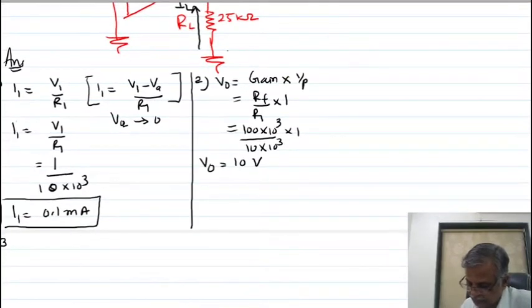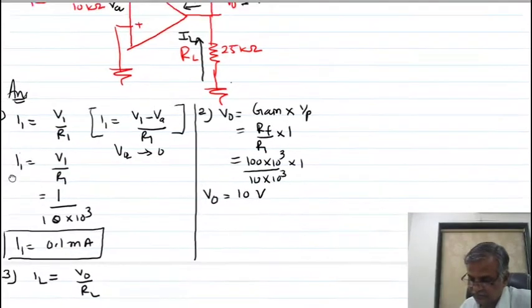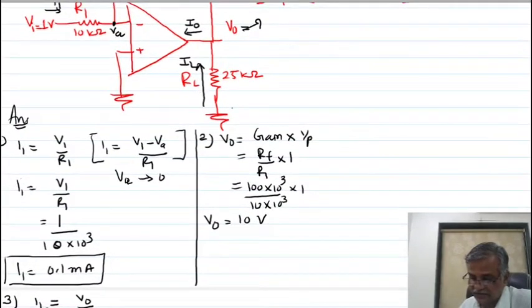Now third is IL. So what is IL? VO by RL. You can see from this. IL, this current, is nothing but the voltage across this upon this resistance. Voltage across this is how much? VO upon this resistance is called IL.